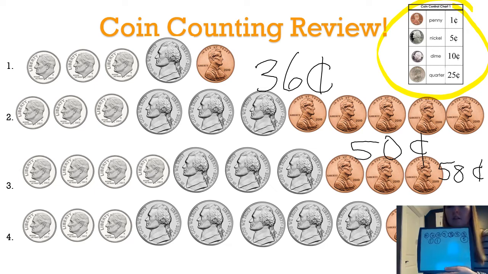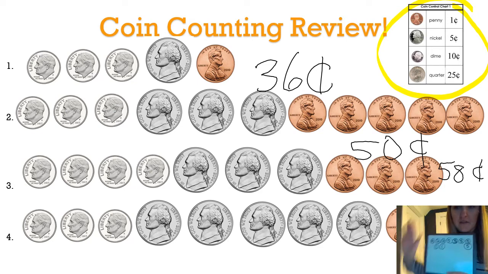All right. Counting, ready. Say stop when we should stop and switch to a new skip counting. Ready, go. 10, 20, 30, 35, 40, 45, 50, 55, 56, 57.